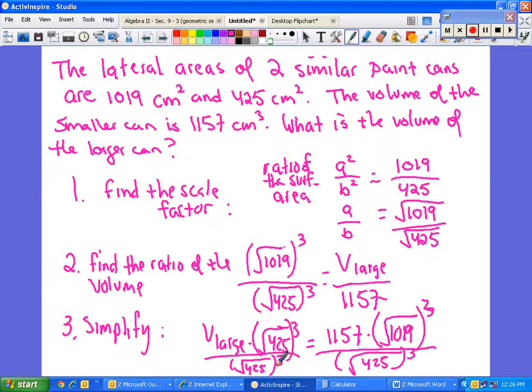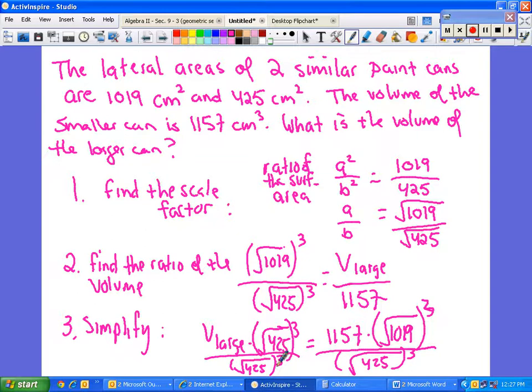So now you're going to do the square root of 1019 raised to the third power, whatever that is. You get that number, leave it in your calculator. Don't round it. Just hit times 1157, because your calculator will do answer times 1157. It equals, that's going to give you some number.